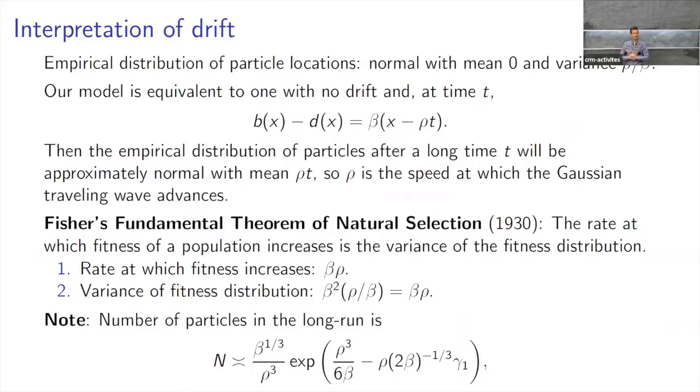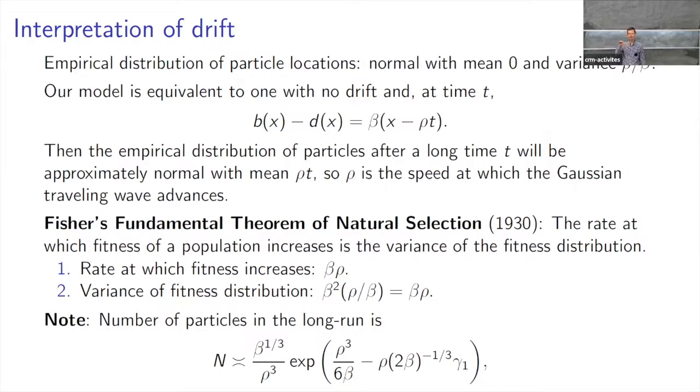And with this interpretation, we can see that our results are consistent with Fisher's fundamental theorem of natural selection. So in 1930, Fisher postulated that the rate at which the fitness of a population increases is the variance of the distribution of the fitnesses of the individuals in the population.